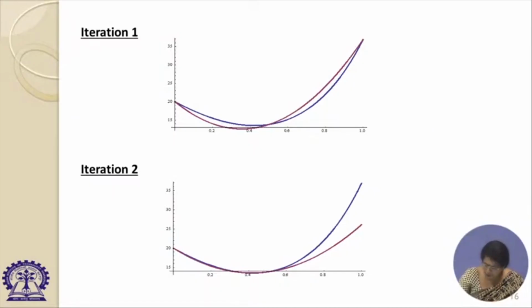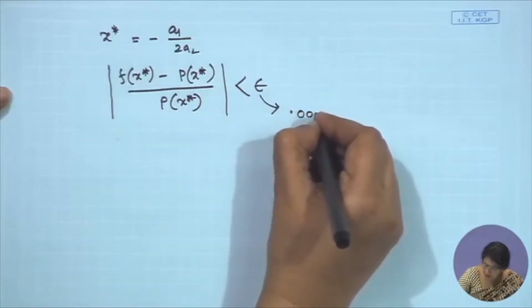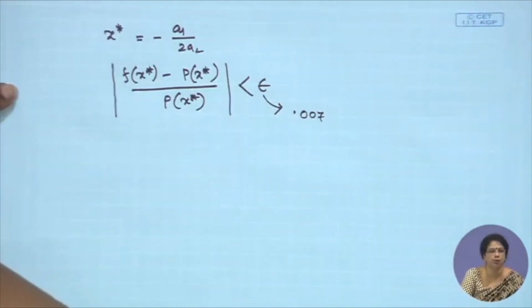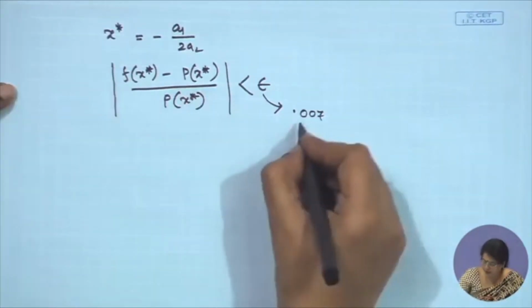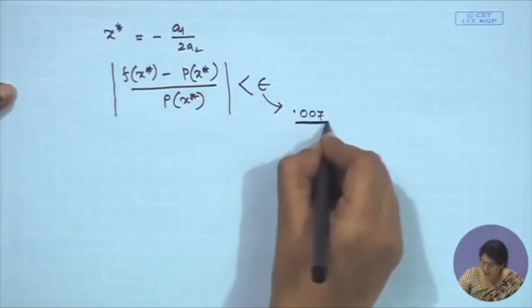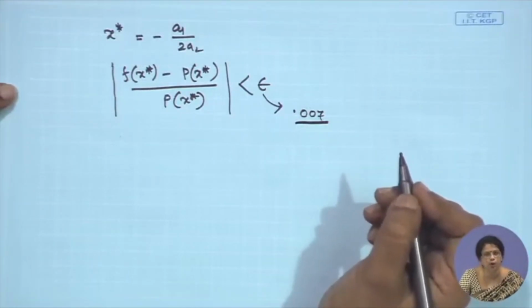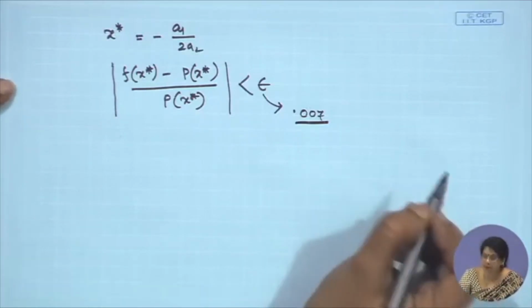We found for these values it was coming 0.007 or so. You can calculate also. If you calculate this value and you are happy, you can stop the iteration. If you are not happy, again you can go for the region elimination technique and get a better polynomial.